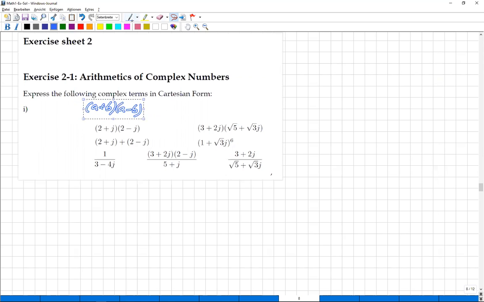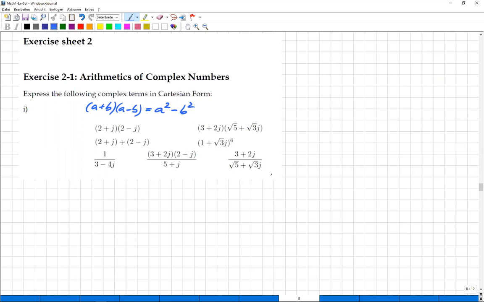So don't ask, is it valid for complex numbers also? The answer is always yes. There is no reason to use a different set of rules for doing arithmetics on complex numbers.